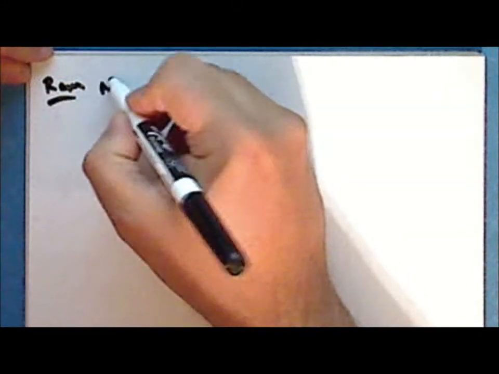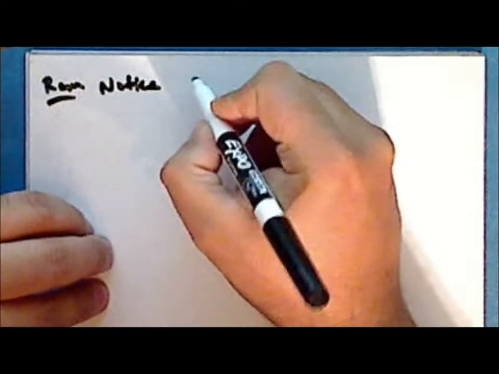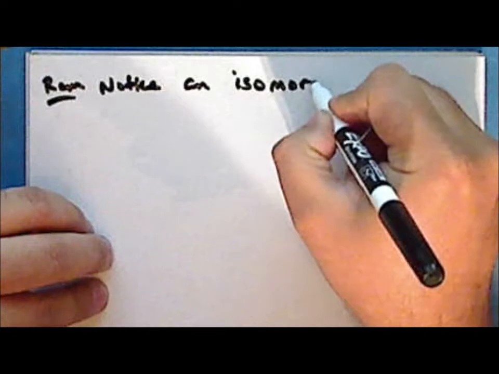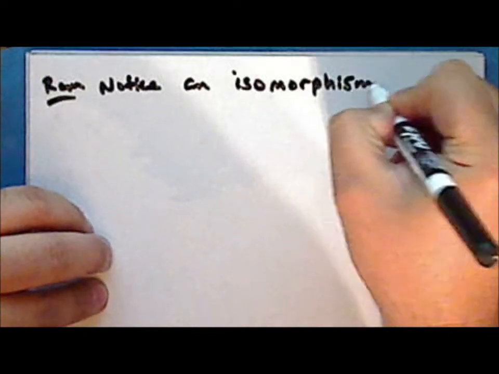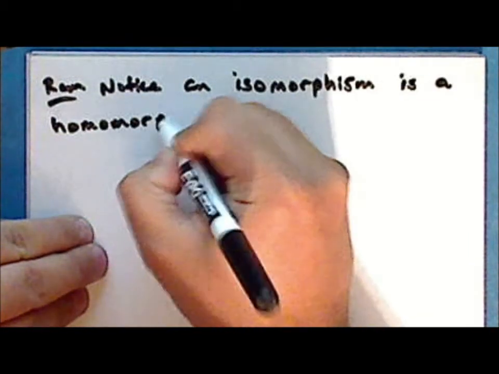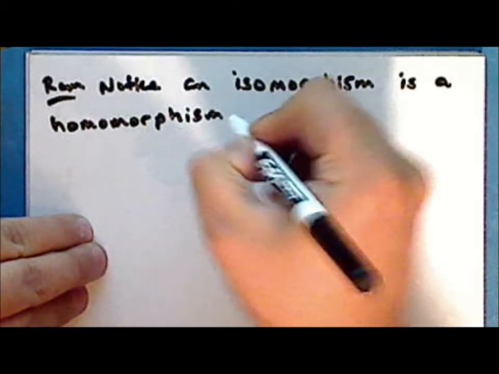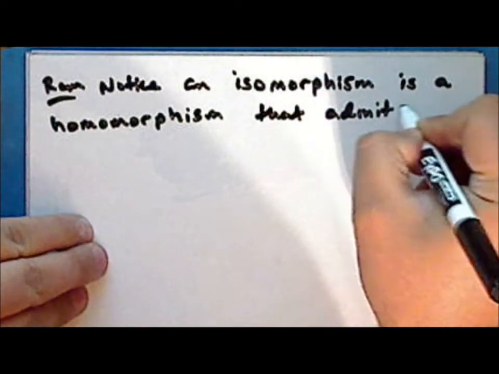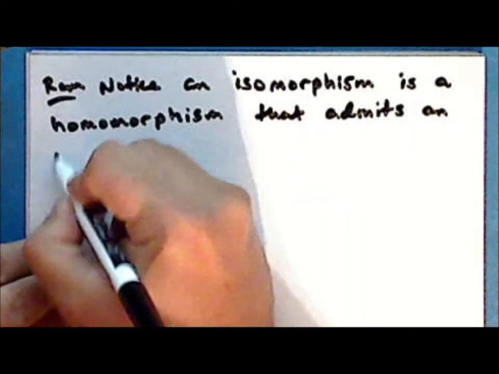So notice that an isomorphism is a homomorphism that admits an inverse.